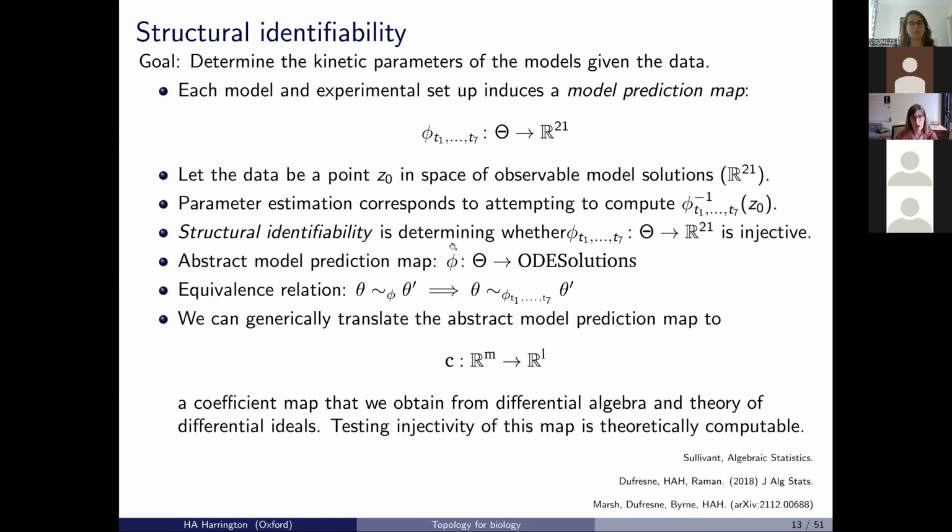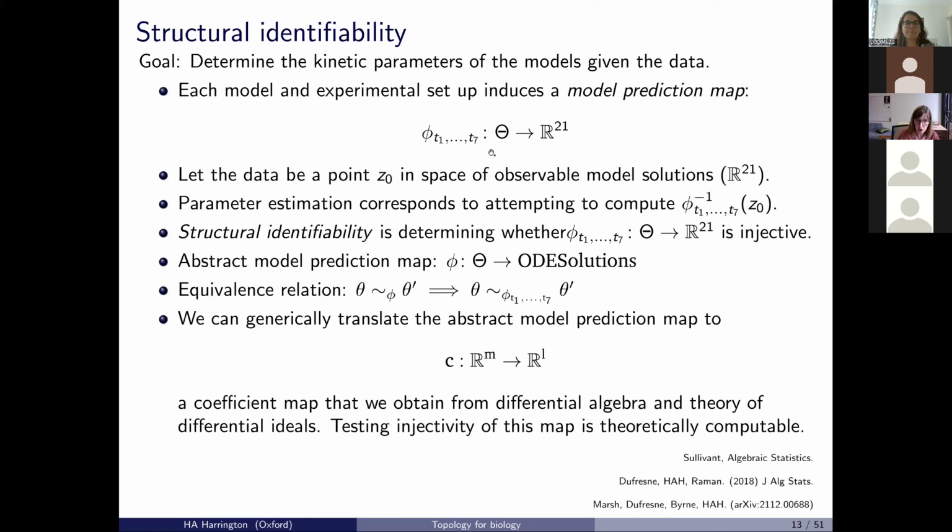And structural identifiability is determining whether our model prediction map is injective. So we can formulate the identifiability problem, asking questions about fibers of the map from parameters, with these initial conditions, to the system of ODEs, so these measurable output data, which is some function of our corresponding solution.